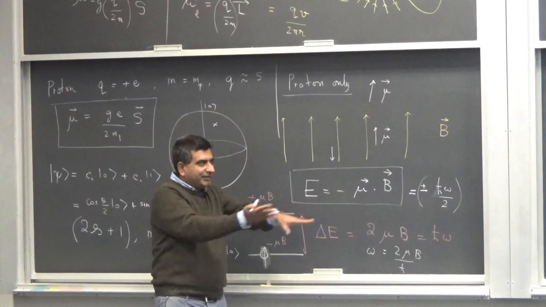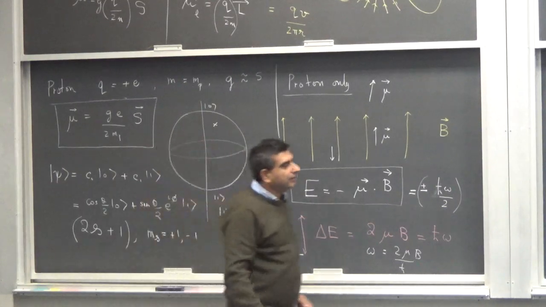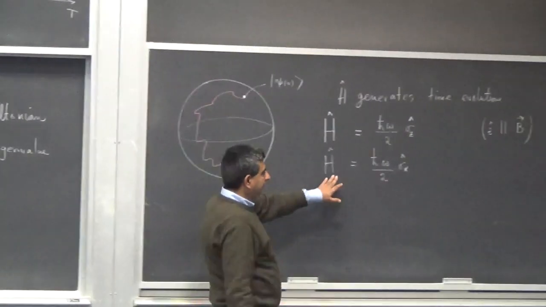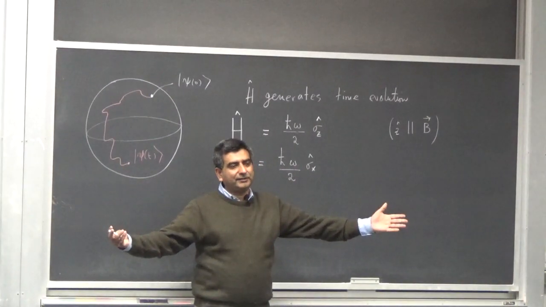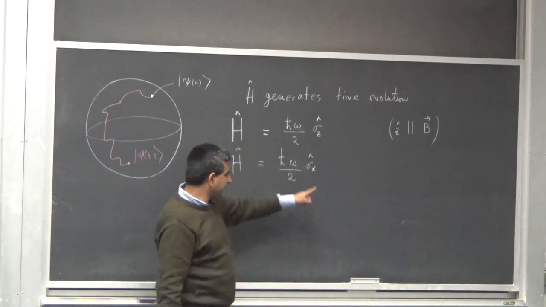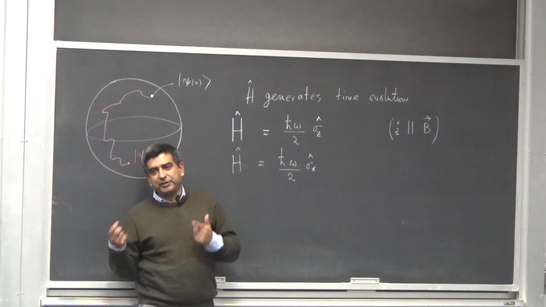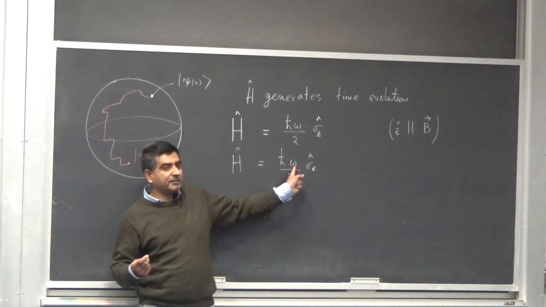Right? You will not see any of this quantum computing stuff. So now we have decided what the Hamiltonian is. The Hamiltonian depends upon the direction of the magnetic field, because that determines what matrix the Hamiltonian takes. And the strength is determined by omega.